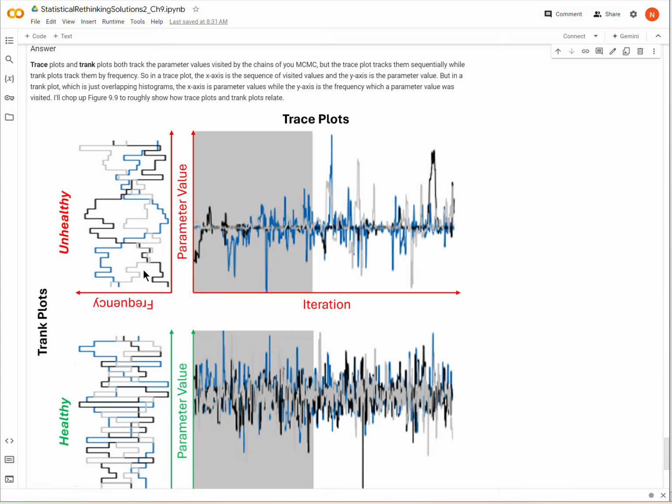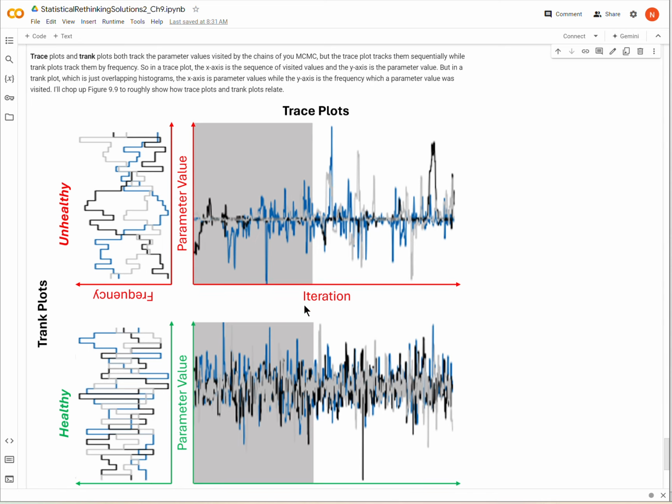But if I go to this central band, that pattern is more or less flipped. So again, these chains are not exploring the same area of parameter space. Anyway, so there are trace plots and Trank plots, healthy and unhealthy, and how they relate.